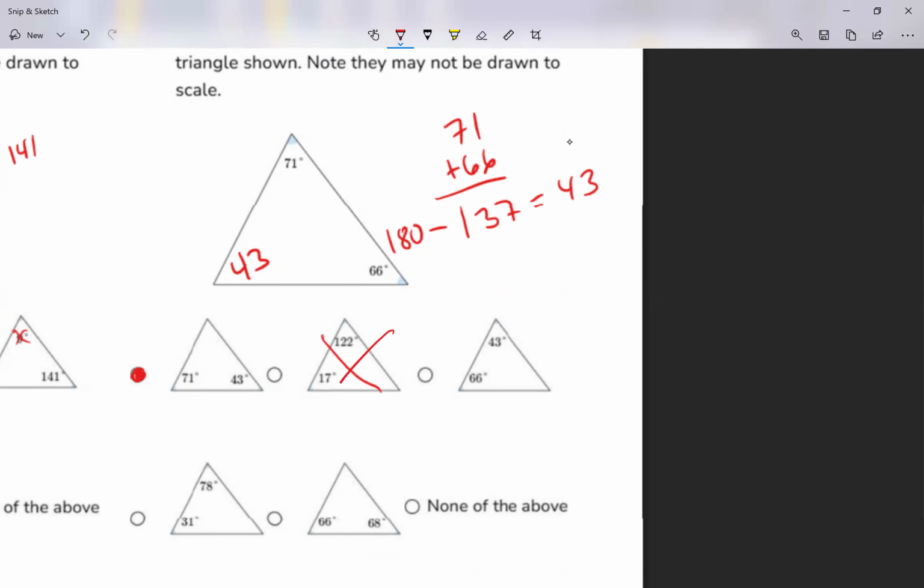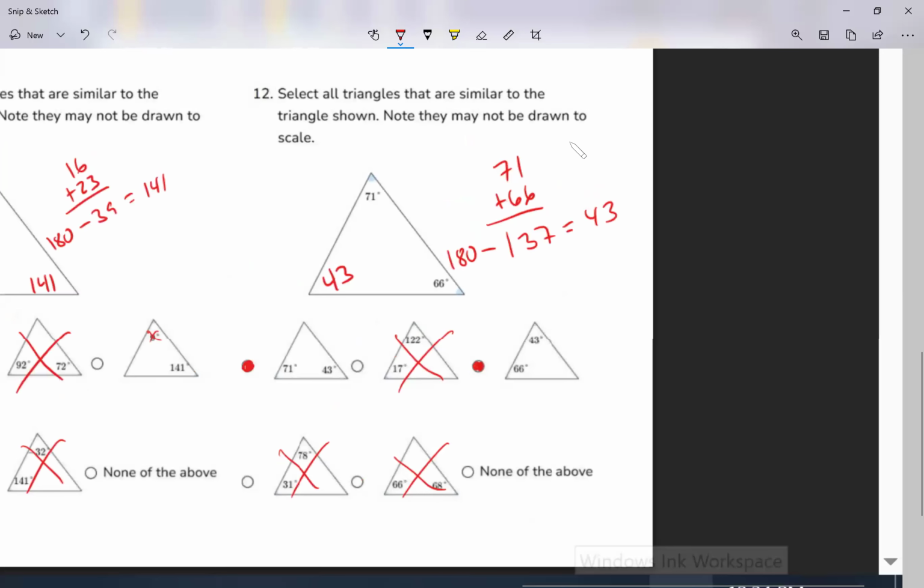No, I don't. Do I have the angles 43 and 66? Yeah, I have those 2 angles. Do I have the angles 78 and 31? No, I don't. Do I have the angles 66 and 68? I do have 66, but not 68, so no. So in this case, those are the 2 triangles that I chose.